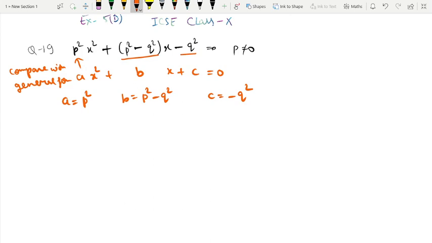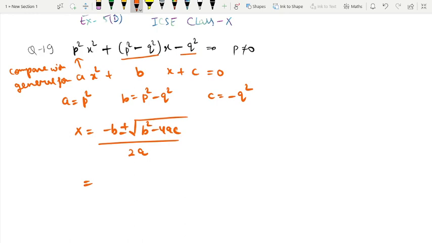So we know the quadratic formula to find out the roots. That is x is equal to minus b plus minus under root b square minus 4ac upon 2a. So just substitute the value.